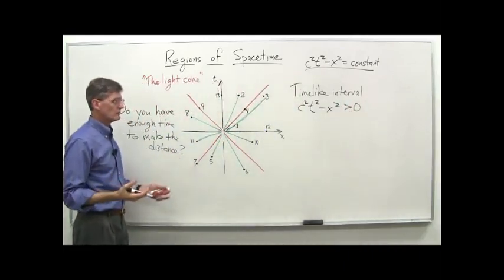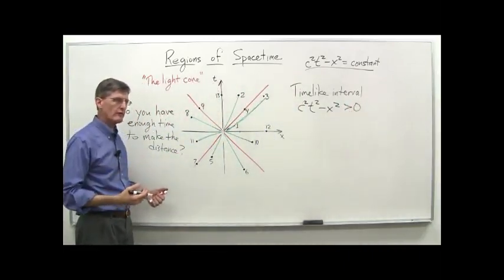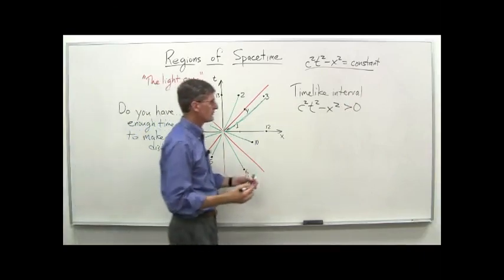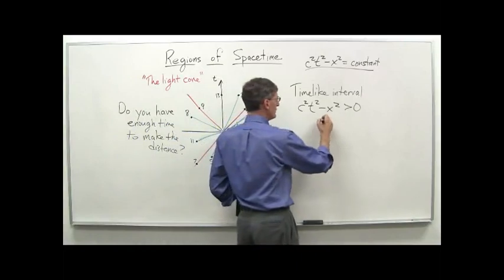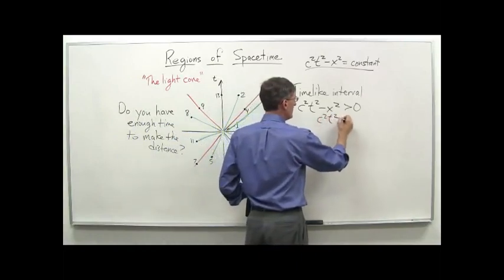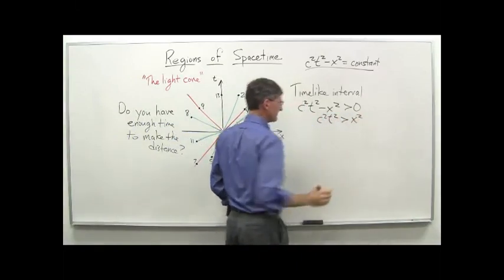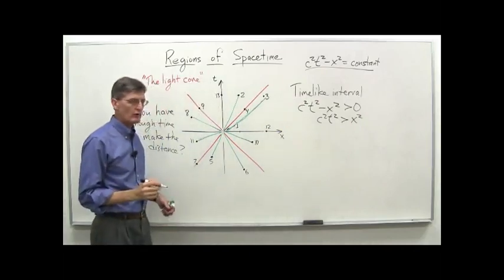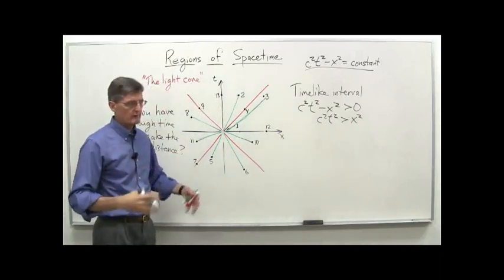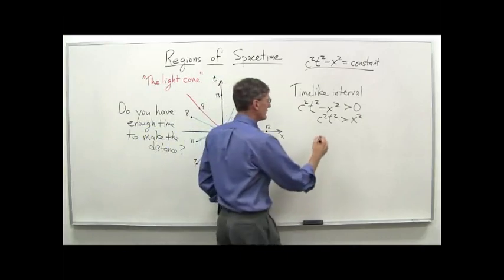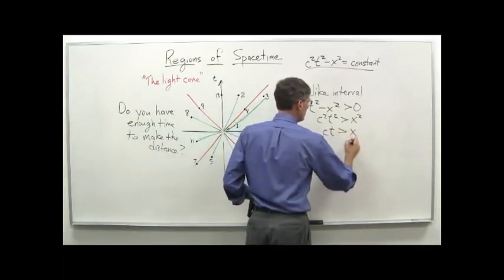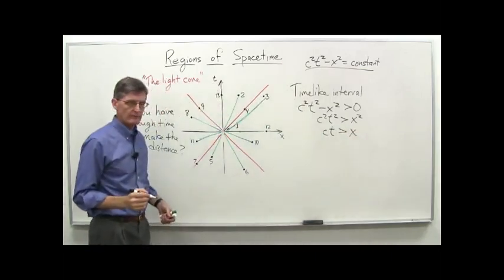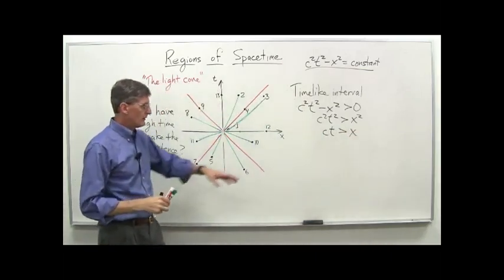You might say, well, why? We can motivate this a little bit. With a little algebra, this means c squared t squared is greater than x squared, just moving the x squared over. Taking the square root, since everything is positive, we can say that ct is greater than x. Now, what does that mean?